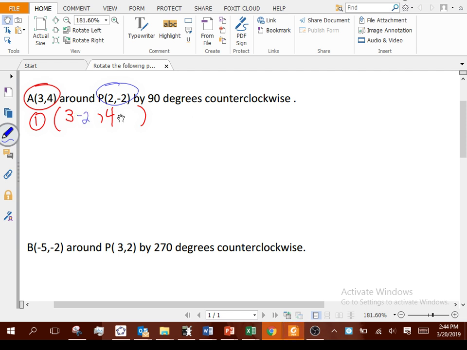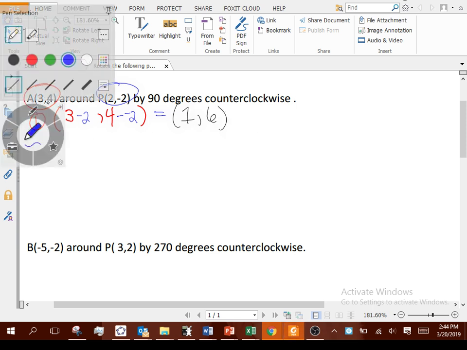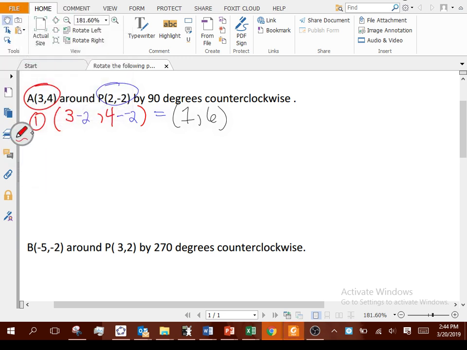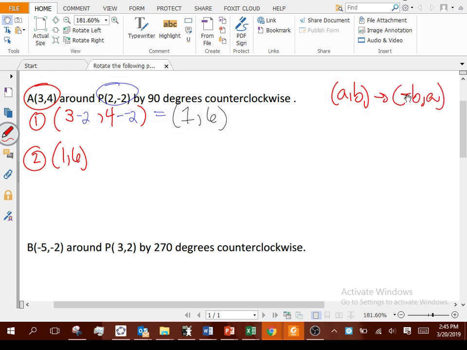So 3, 4 minus -2, and that's going to turn into the ordered pair 1, 6, right? You're then going to take step 2, you're going to take 1, 6, and you're going to run it through your counterclockwise 90-degree rotation. So that was that rule. Hopefully we've done this enough. Is that right?